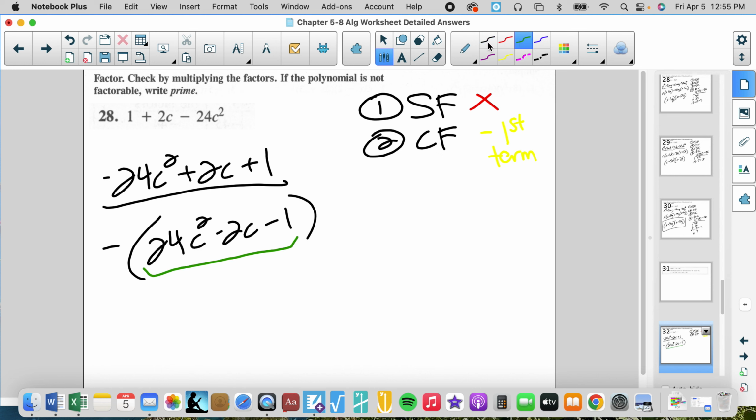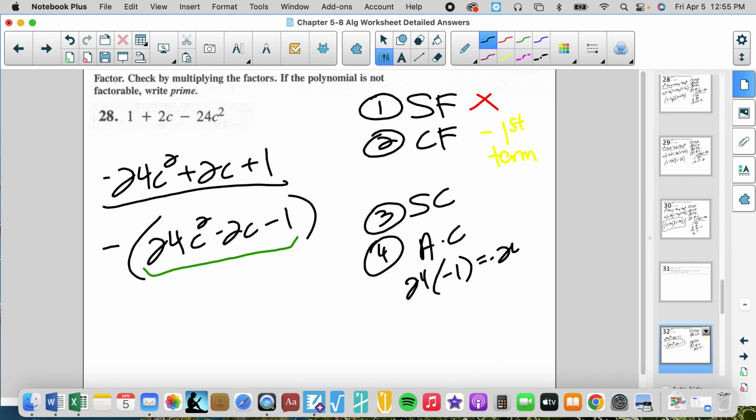Very interesting, different thing. Is it a special case? No, because 24 is not a perfect square, so we do A times C. Now A this time is 24, C is negative 1. So 1 and 24, 2 and 12, 3 and 8, 4 and 6. Signs are different. Bigger is negative.